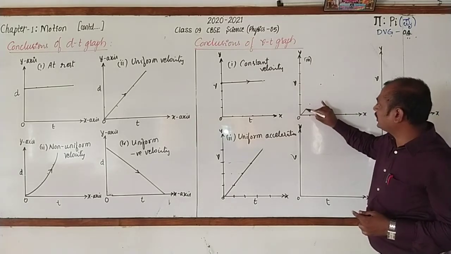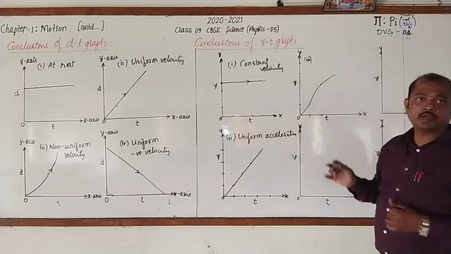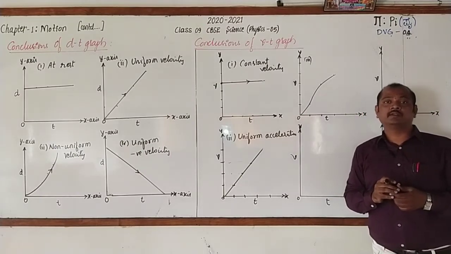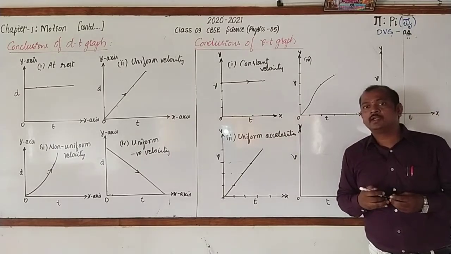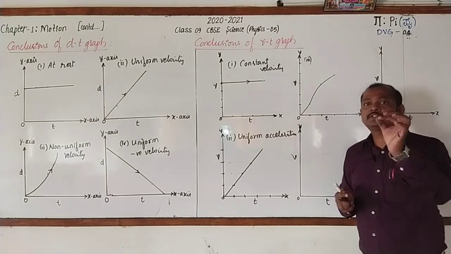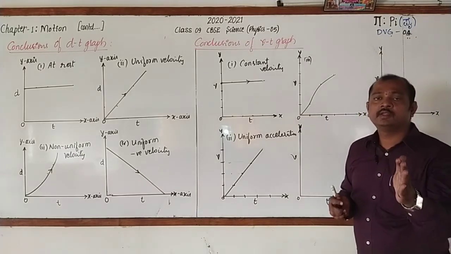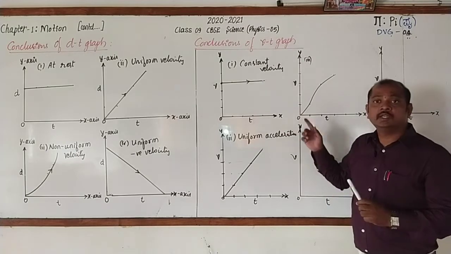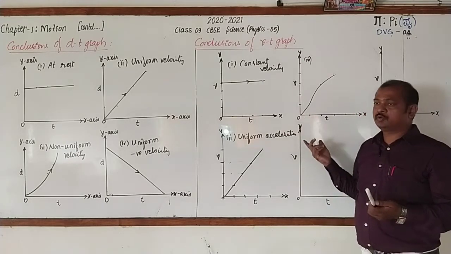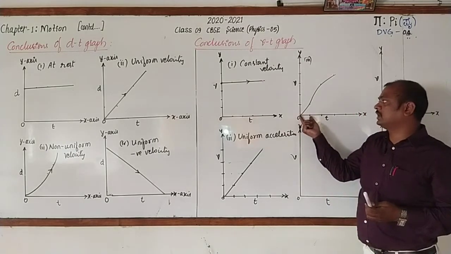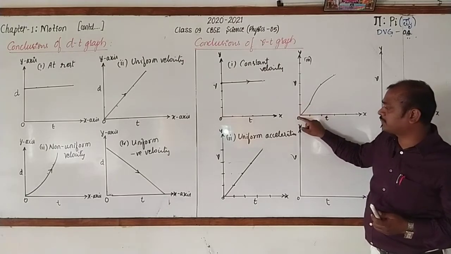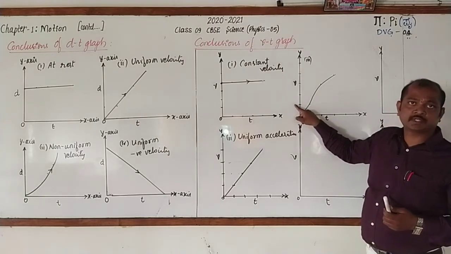Now I am going to join this. What you got? You got a curved line. Then what does it indicate? Here, do you say that the change in velocity of a body is equal in equal intervals of time? No. Look at in first 1 second, it has changed its velocity from 0 to 2 meter per second.